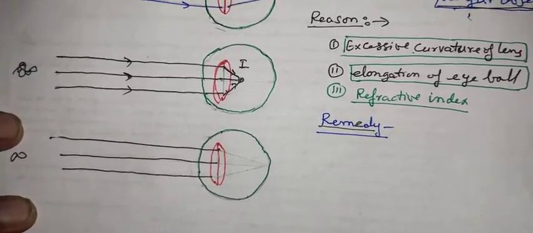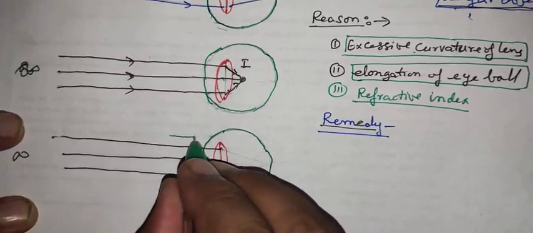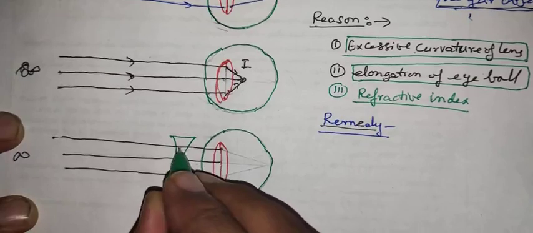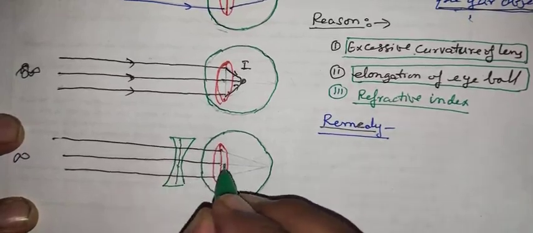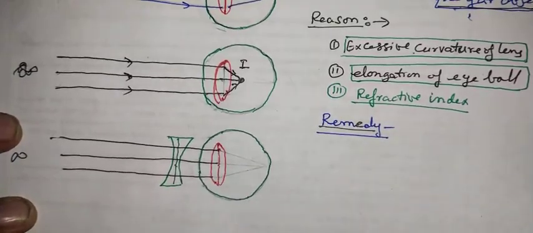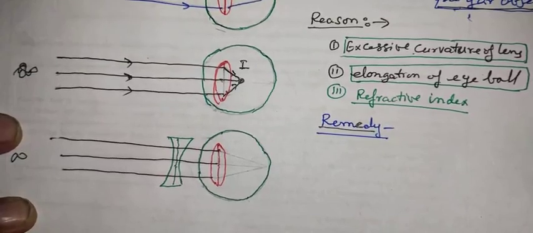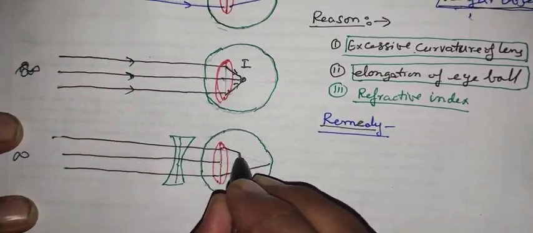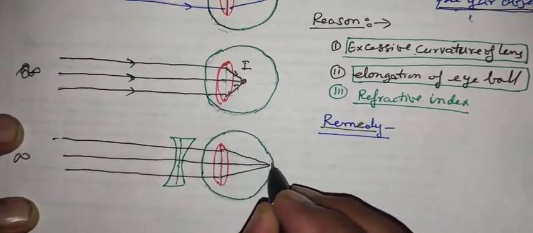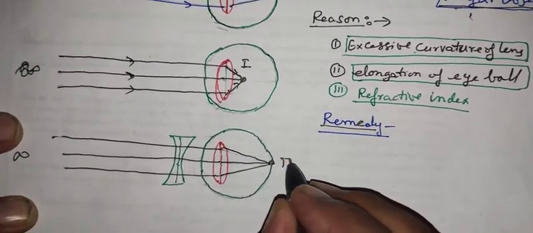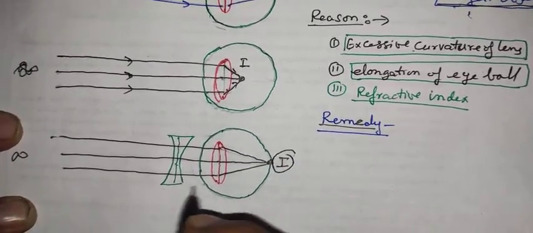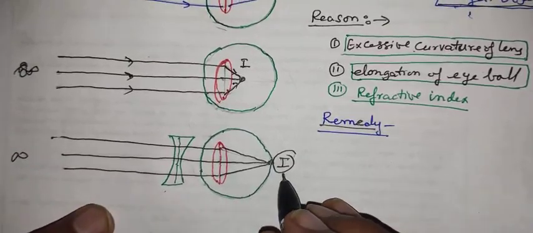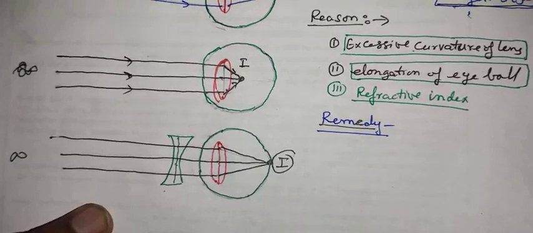If a concave lens of suitable power is placed in front, the combined focal length increases and the image reaches the retina. So the person can clearly see the far object.